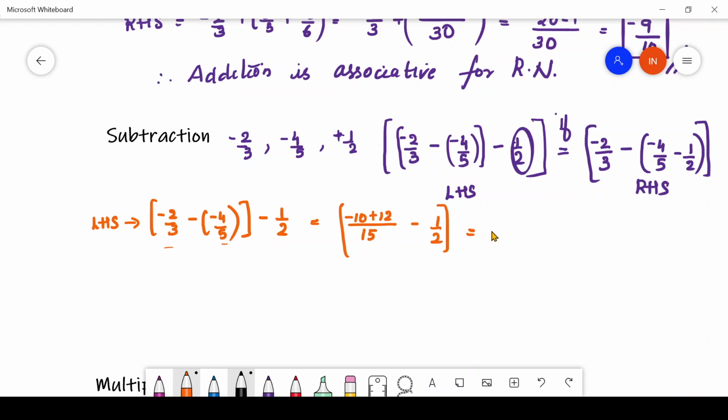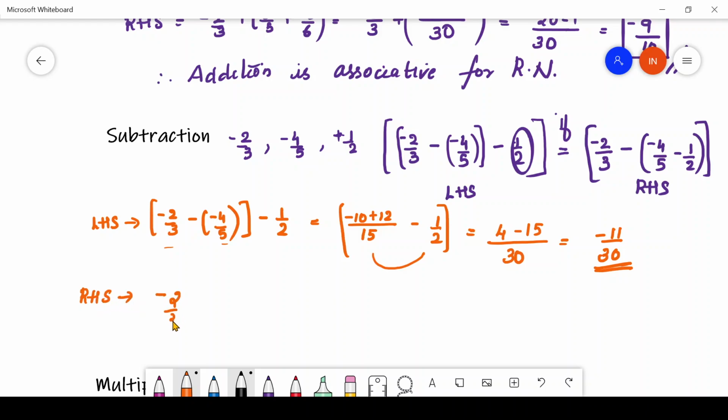You have 15 on the denominator and 2 on the denominator, so 4 minus 15, because we are taking these two LCM as 30. So that is equal to negative 11 by 30. By looking at the denominator itself, you have to understand what is the LCM, and accordingly you have to do with the numerator.